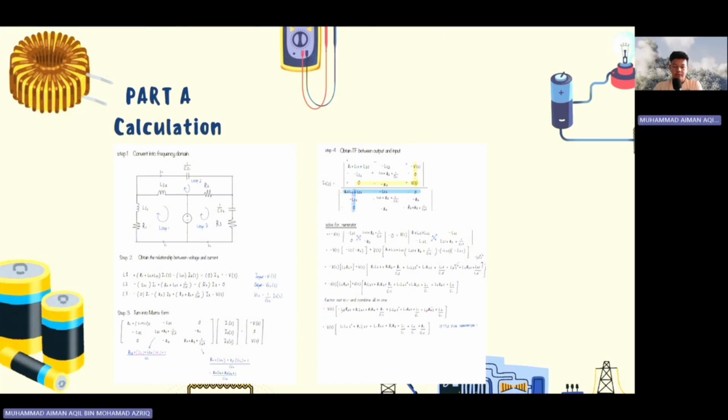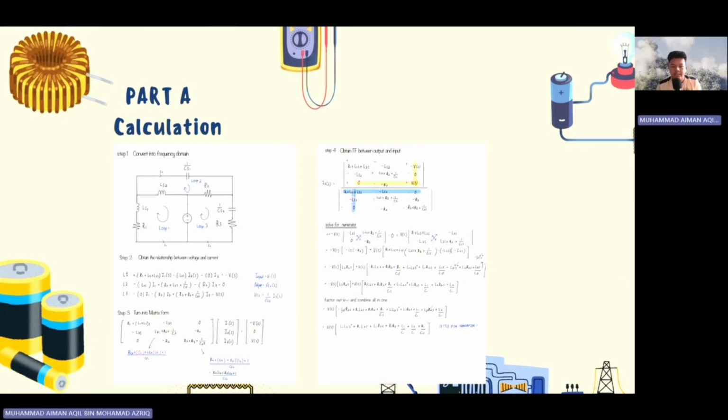So for step 4, my main objective is to obtain the transfer function by finding the output voltage across capacitor C2. To achieve this, we need to calculate the current in the third loop, which is I3, by using Cramer's rule.